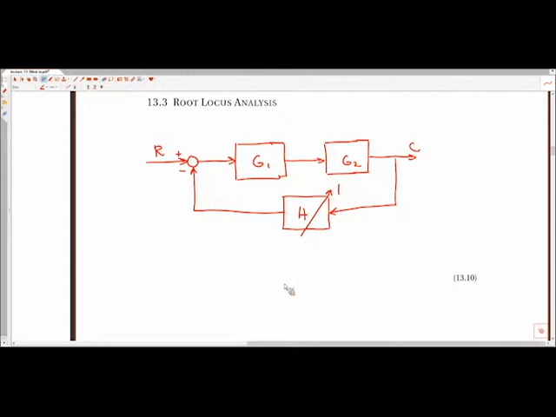We'll talk about other controllers later in this class, but it's going to be a function of S. So to simplify this problem, the controller has dynamics and the plant has dynamics, so everything that's dynamic, let's lump the controller and plant into a single transfer function to simplify our analysis. I'll get into what's in between in a second. This single transfer function we're going to call G.